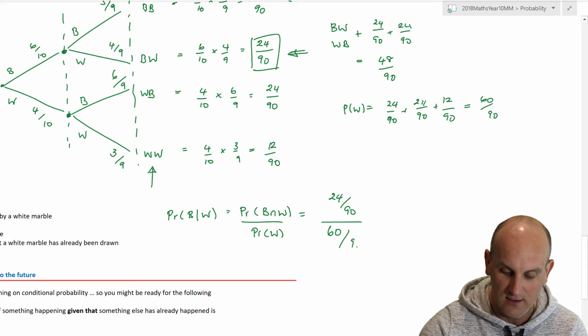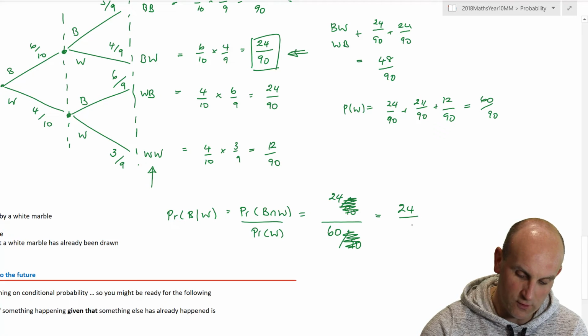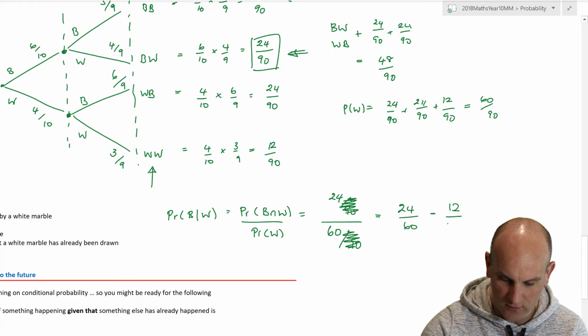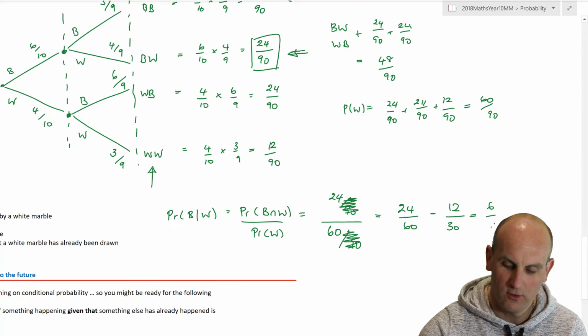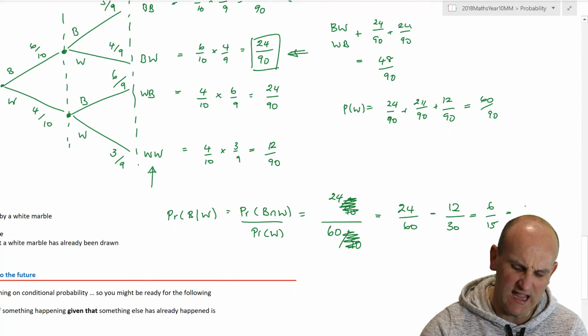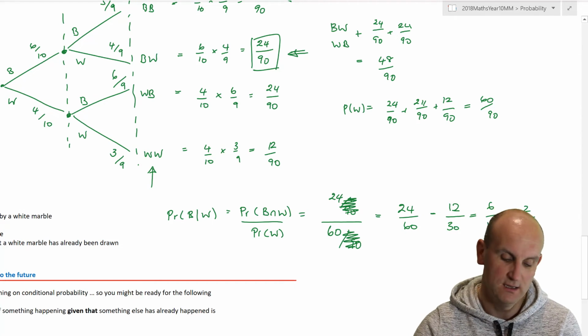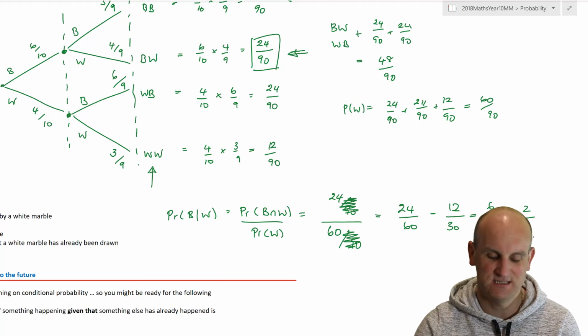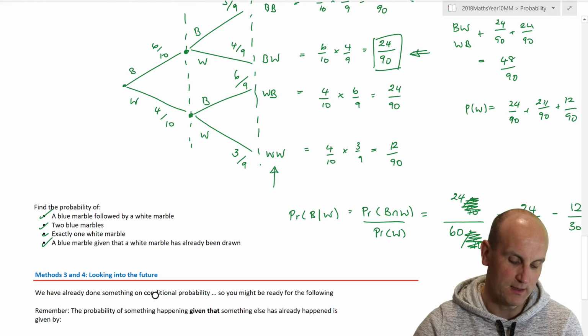So 60 on 90. Now I divide by 90 there, cancels with the divide by 90 there, which gives me 24 on 60, which is 12 on 30, which is 6 on 15, which is 2 on 5, ladies and gentlemen. Now, I'm sure I could have done that quicker by dividing by 12, but sometimes doing it the quicker way doesn't necessarily make it correct. You can make silly mistakes. See how this works?